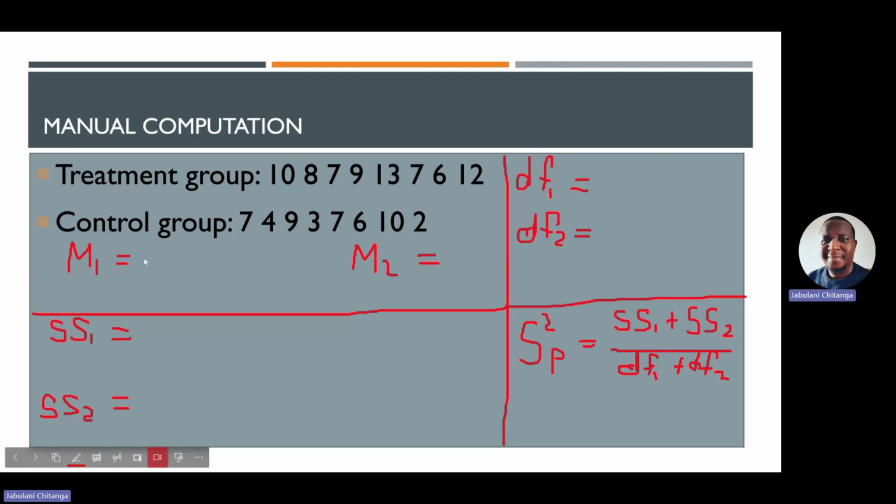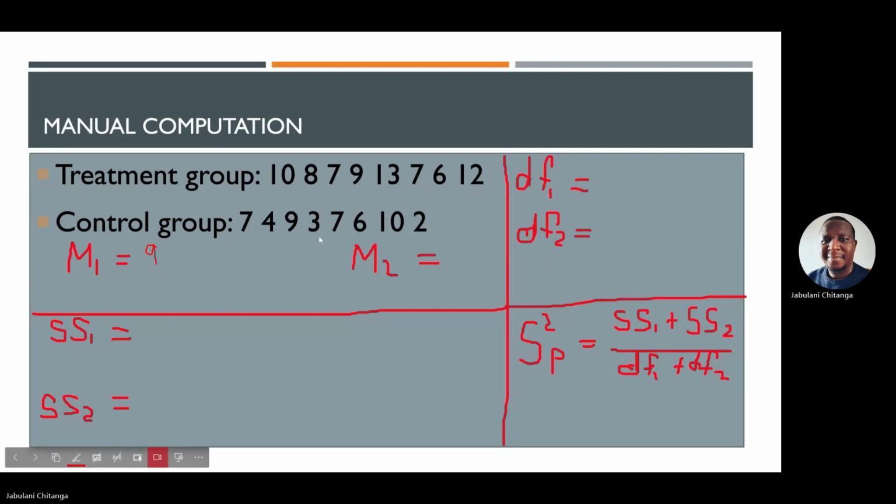Everyone knows how to calculate the mean: you add all the scores and divide by the number of scores in a distribution. So 10 plus 8 plus 7 plus 9 plus 13 plus 7 plus 6 plus 12, and then we divide that by 8. So you get 9.